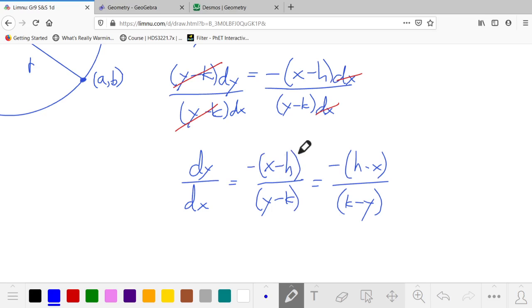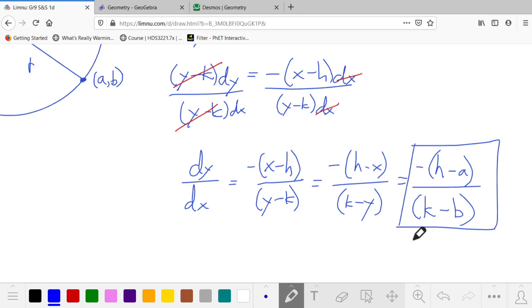When both are negative, we can multiply top and bottom by negative 1, which is a negative (h minus a) over (k minus b). So that is the slope of the tangent to the circle, or the slope of the circle itself, which is the slope of the tangent.